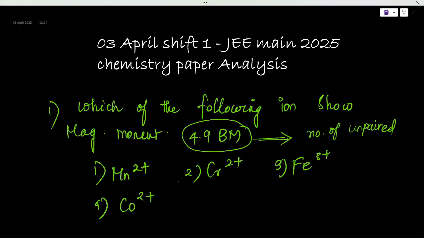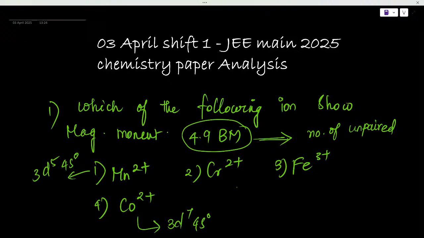Okay. So here just check the number of unpaired electrons. Mn2+ is 3d5 4s0, and cobalt 2+ is 3d7 4s0.